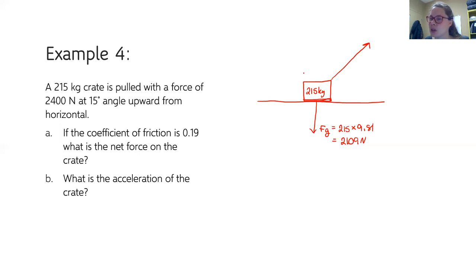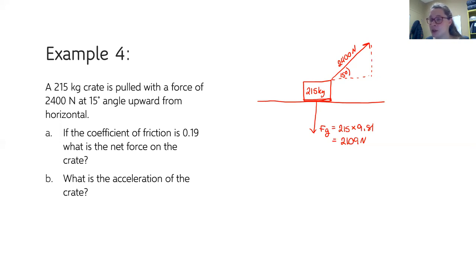We also know we're pulling on this crate, and obviously I've not drawn my triangle to scale. 15 degrees from upwards, and I'm pulling with a force of 2,400 newtons. Okay? All right.